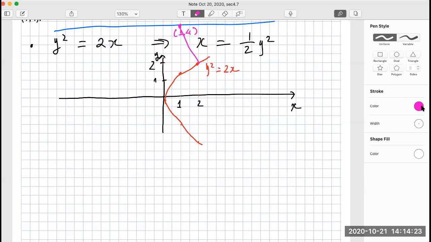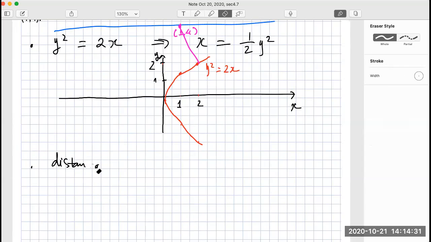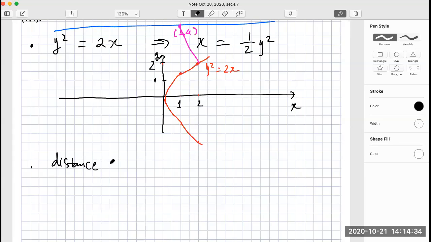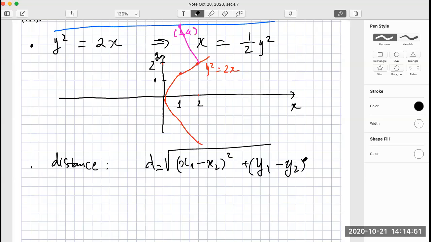Now, let me remind you the distance formula. It will be the square root of (x1 minus x2) squared plus (y1 minus y2) squared. Okay?